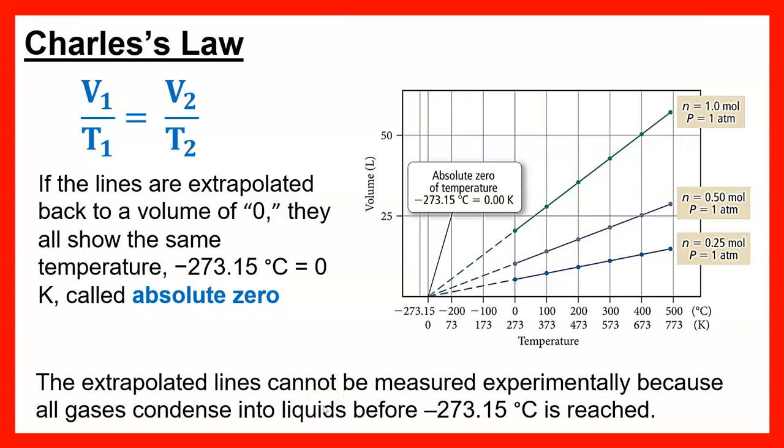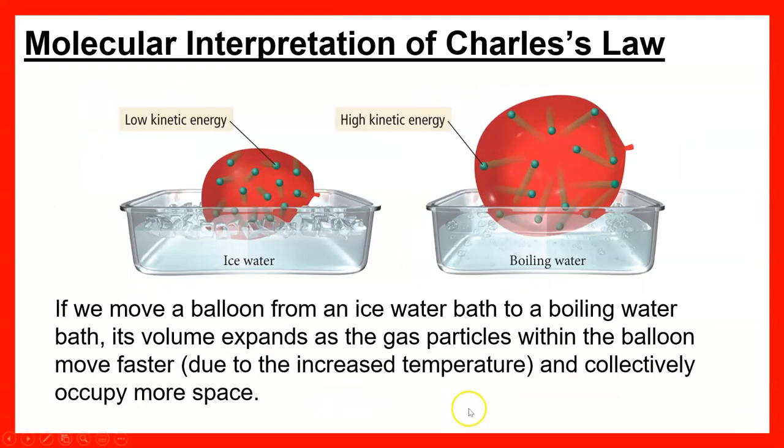So looking at this one from kind of the particle diagram, when particles are at a high temperature, they're going fast. So they're going to bounce back and forth really fast, more often, higher pressure, right? But pressure is being held constant here. So the only way to keep the pressure constant would be to allow the size of the container to expand.